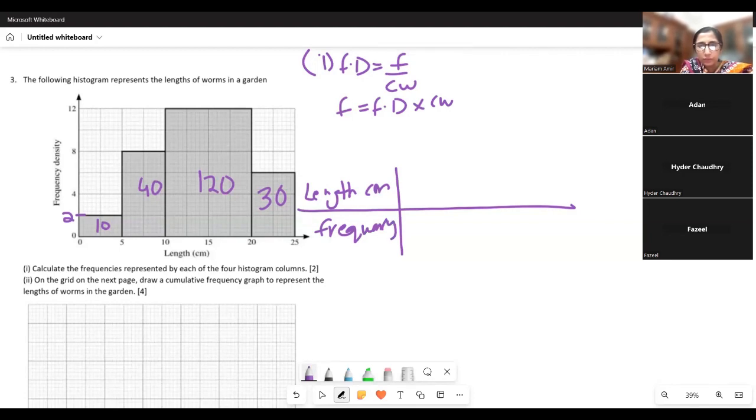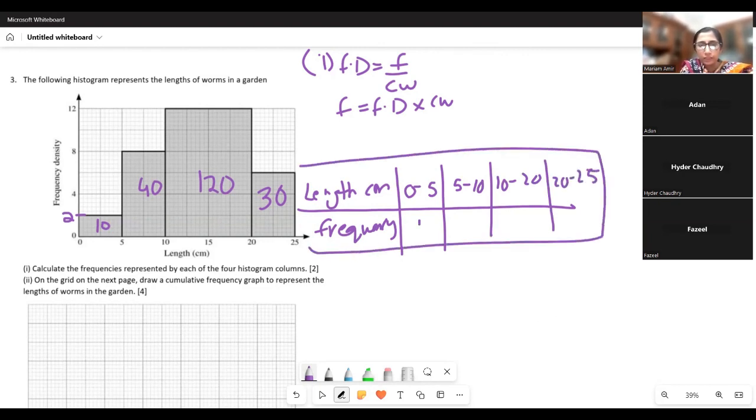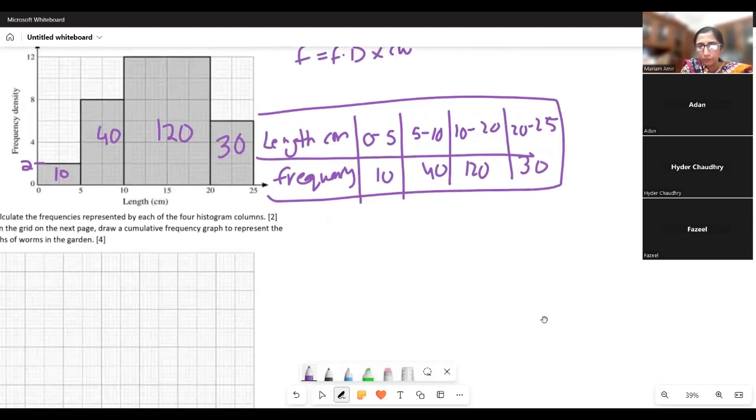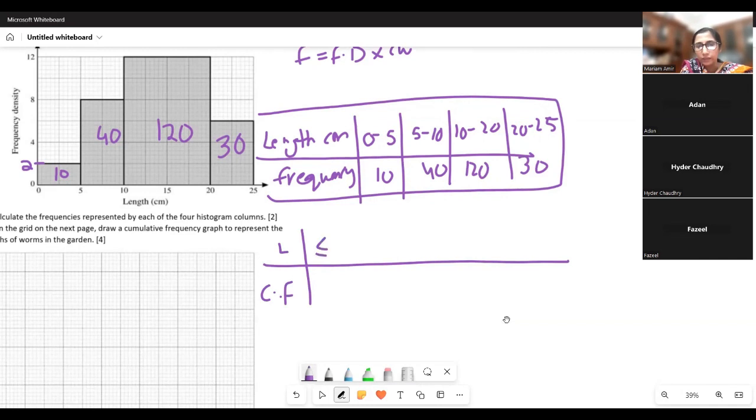ओके, सो लेंथ इज बिटवीन 0 to 5, then 5 to 10, then 10 to 20, then 20 to 25. और फ्रीक्वेंसीज हमने अभी निकाली हैं 10, 40, 120 और 30. अब इससे बनाना है कम्युलेटिव फ्रीक्वेंसी टेबल. सो सेम लेंथ इधर आ गया और यहाँ कम्युलेटिव फ्रीक्वेंसी आ गया. सो फर्स्ट वी आर गोइंग टू राइट लेस देन इक्वल्स टू 0, then less than equals to 5, less than equals to 10, less than equals to 20, less than equals to 25.